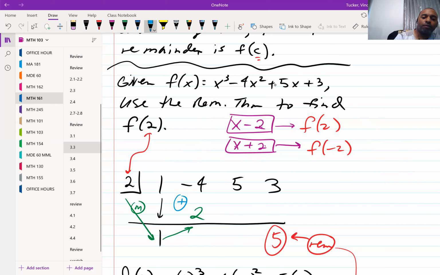Add them together. -4 plus 2 is -2. 2 times -2, -4. 5 plus -4, 1. 2 times 1 is 2. 2 plus 3 is 5.